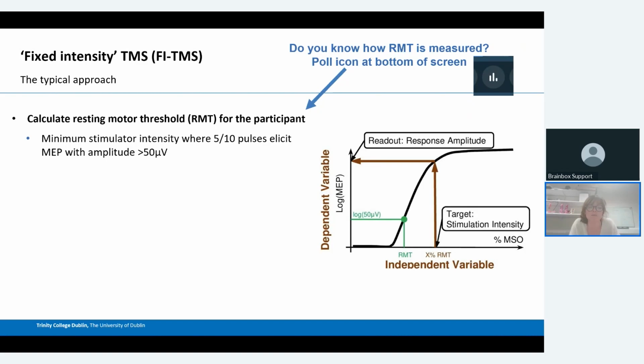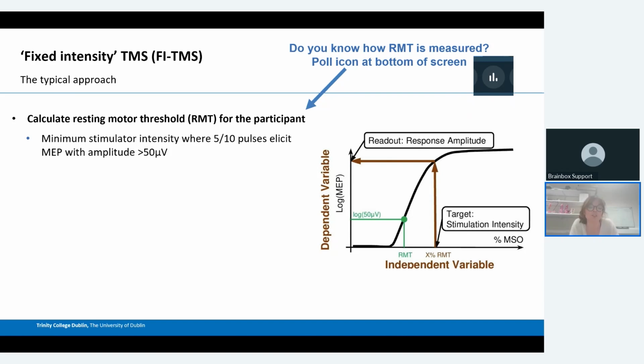where it's defined as the minimum intensity of the stimulus you need to give, so that 5 out of 10 of your stimuli will cause a response in the form of an MEP that has an amplitude of at least 50 microvolts. 50 microvolts is generally chosen as it's the smallest reliable size of MEP under some definitions.